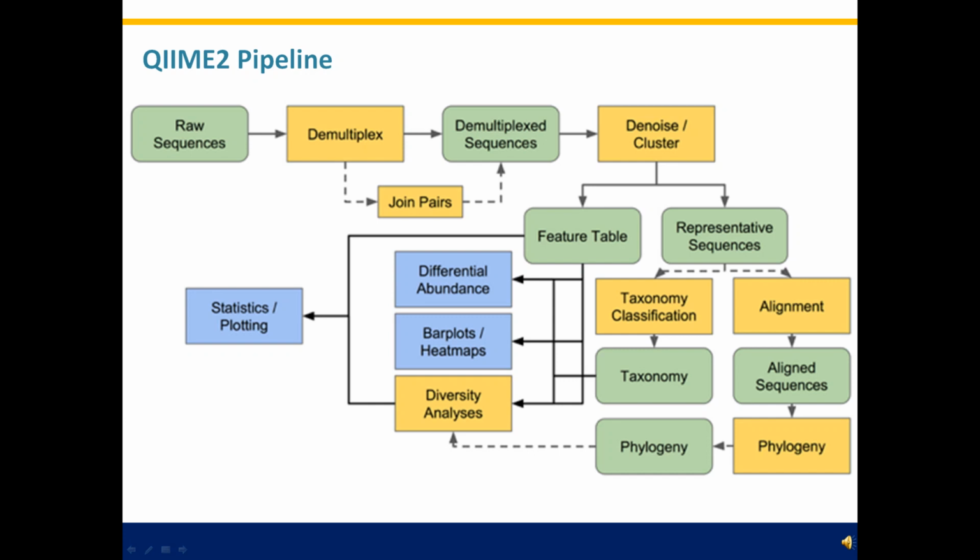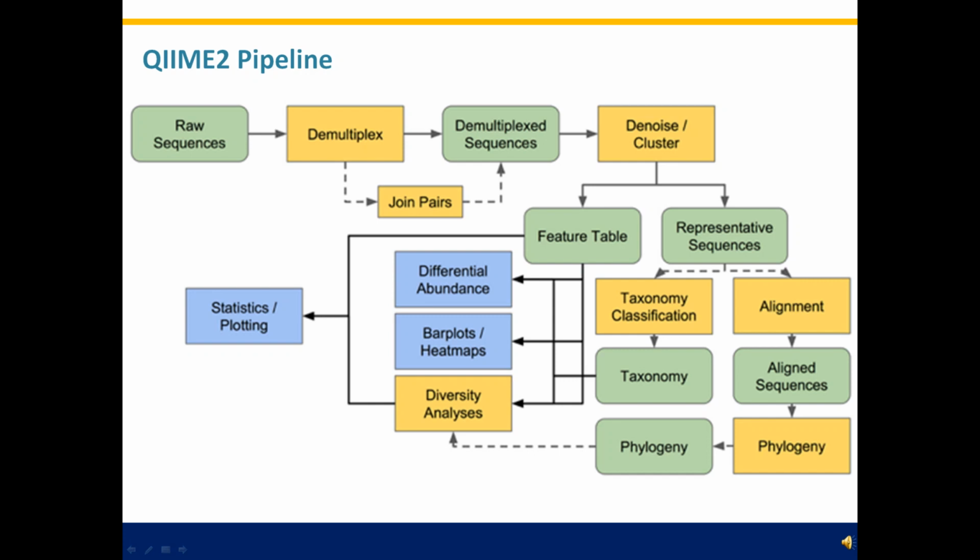Once that's been done, we are going to cluster our OTUs. Once the OTUs have been clustered, we will have two kinds of outputs: one will be a feature table and one will be representative sequences. Once we get the feature table, one can go for statistical analysis, or plot differential abundance, bar plots or heat maps, or perform diversity analysis like alpha and beta diversity analysis.